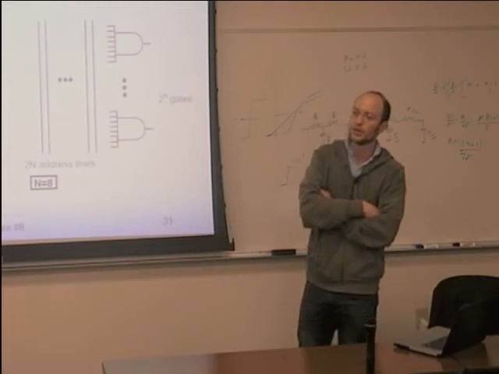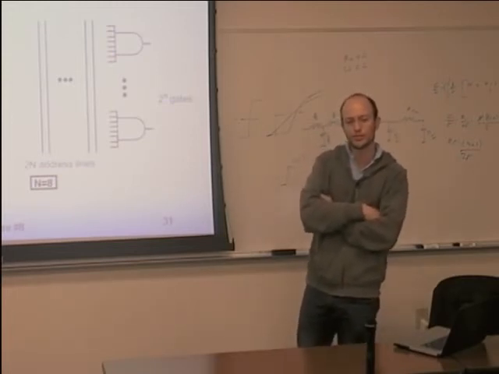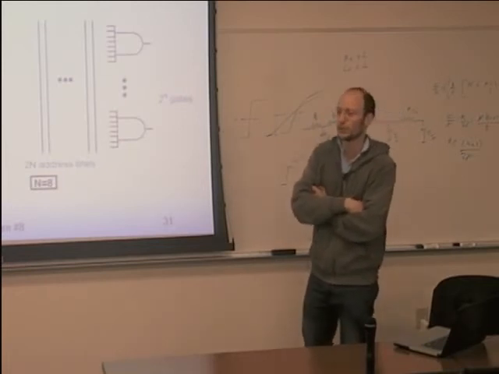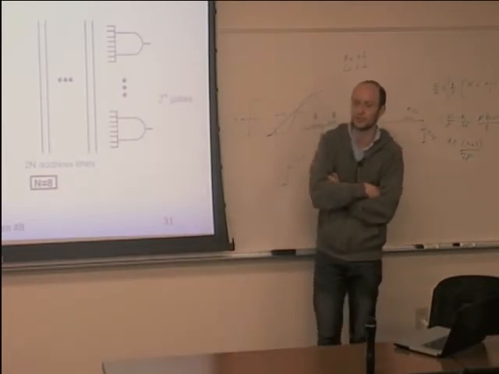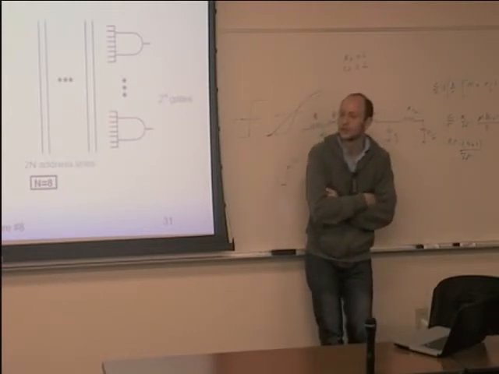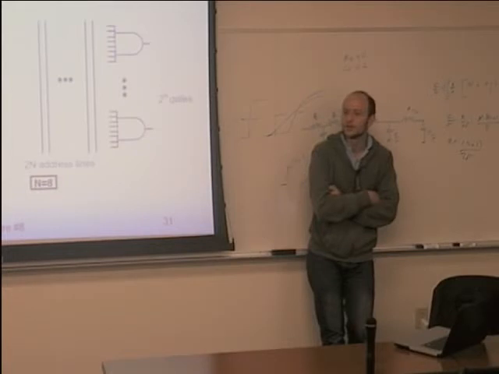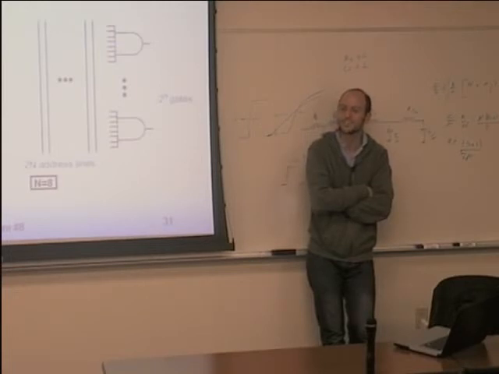All of them. Another opinion? You said half? Who's for all and who's for half? Raise your hand for each input goes to all the gates. No one thinks that it goes to all the gates. Who thinks that it goes to half the gates?